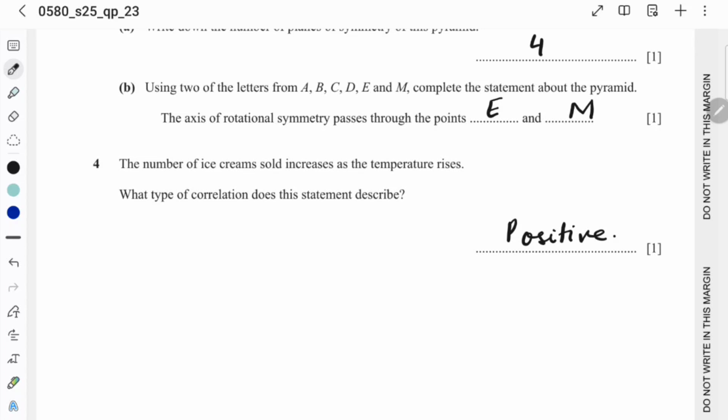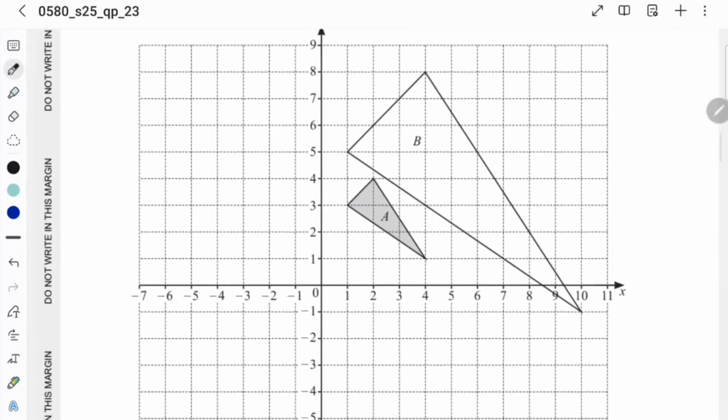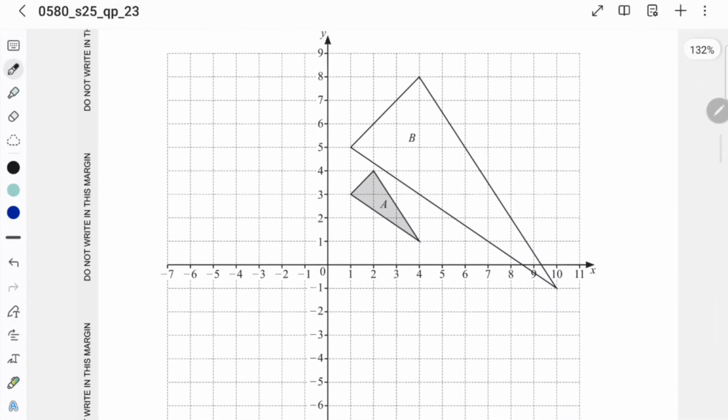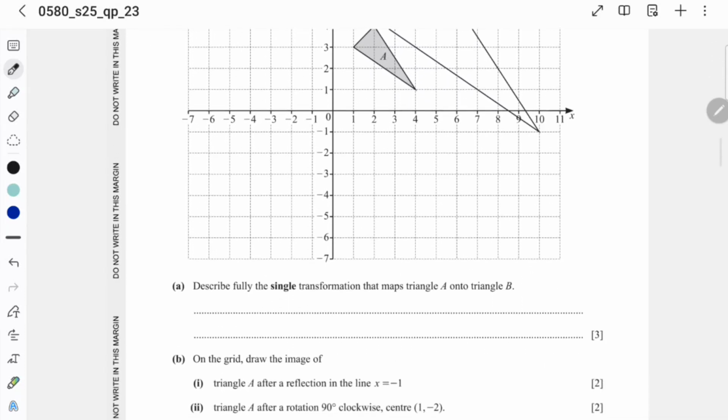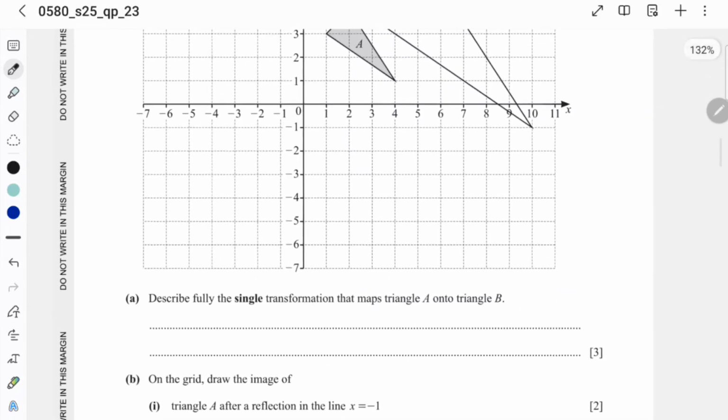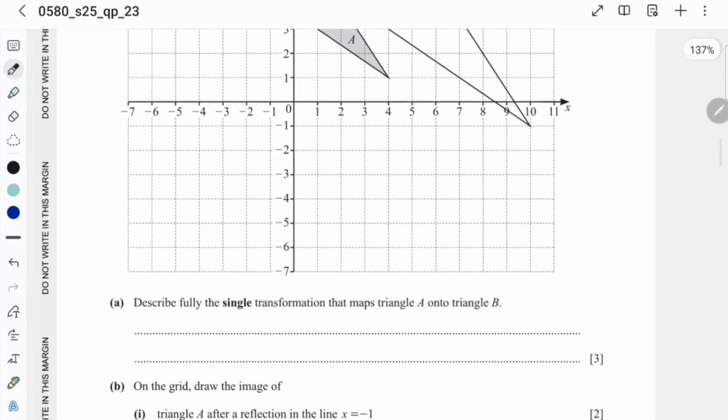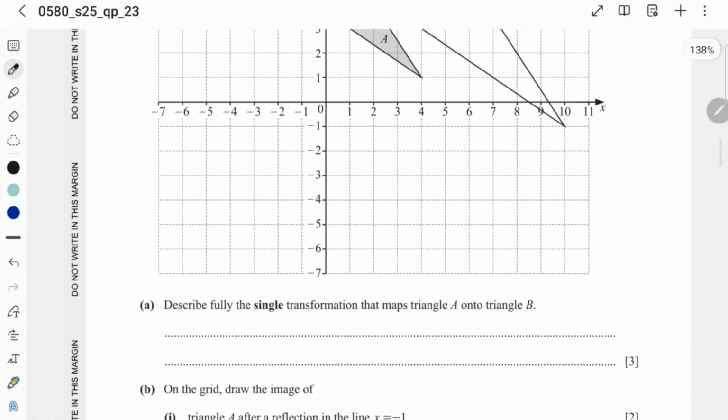Now the next question is a transformation question. In the diagram for question number 5, we can see a bigger and a smaller diagram, which means it's a question of enlargement. They are asking us to describe fully the transformation that maps triangle A onto triangle B. First of all, what type of transformation is it?